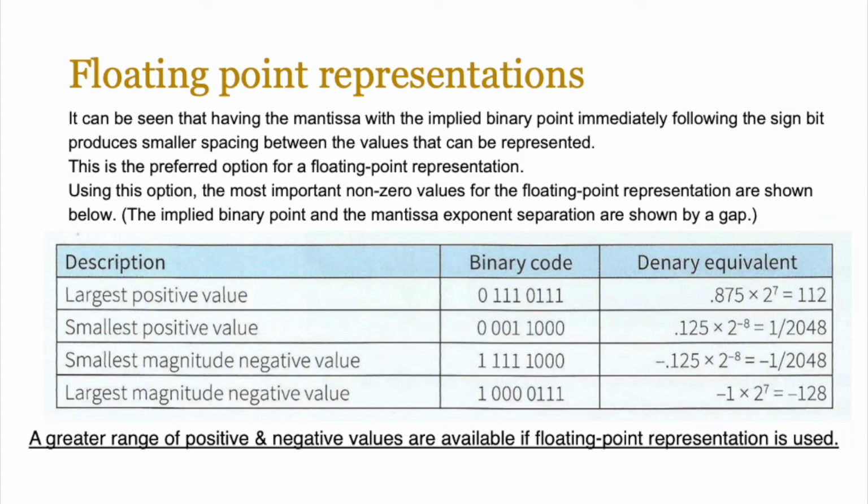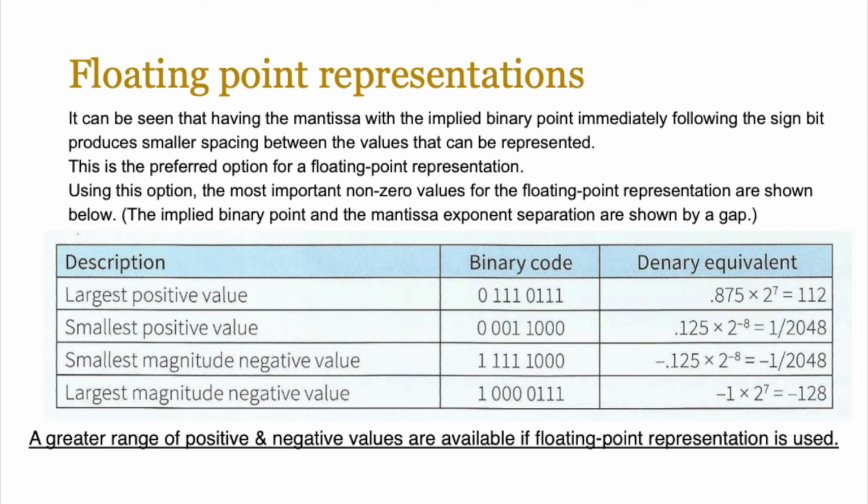Now you might want to pause the video at this particular point and go through the rest of the values: the smallest positive value, smallest magnitude negative value, largest magnitude negative value. That should allow you to get a grasp of how floating point representation works. So remember, the binary point is immediately after the sign bit, and the rest you just need to work out by giving the relevant headings.